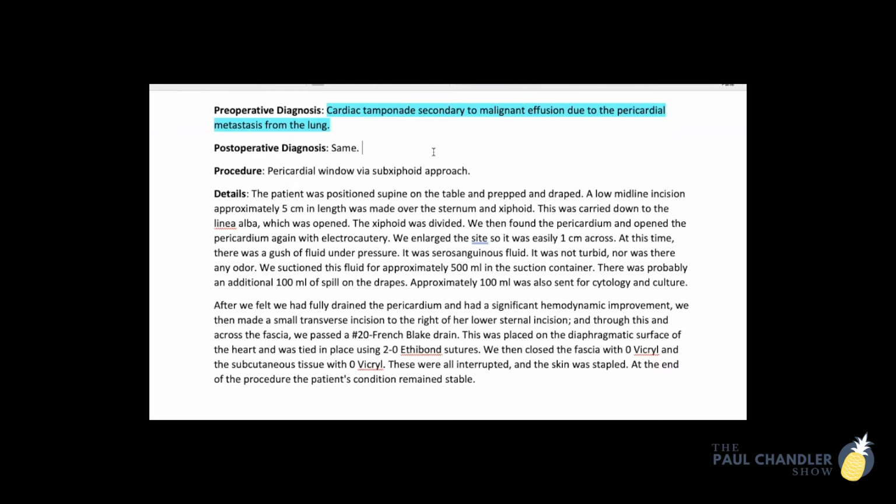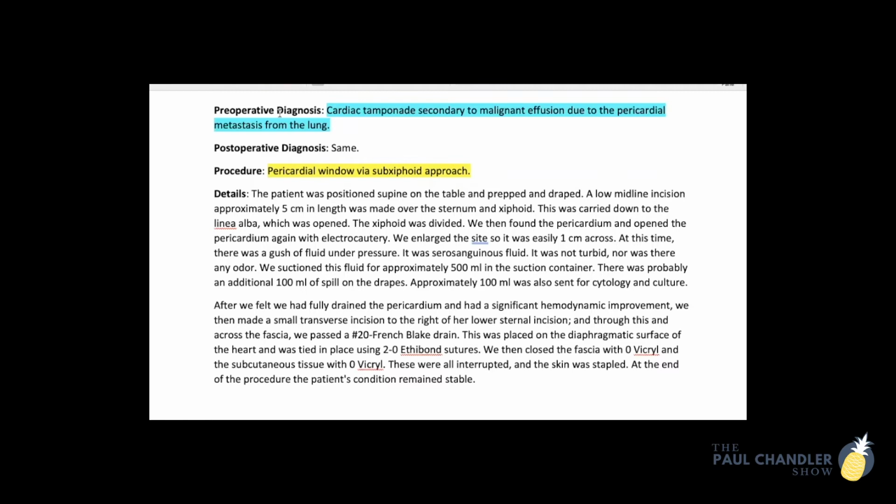That's going to come back when we're looking at the diagnosis code or codes. And the procedure itself, listed in the header, is pericardial window via subxiphoid approach. That gives me information as well that I'm going to be using.